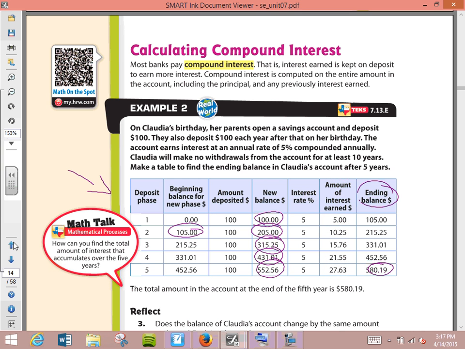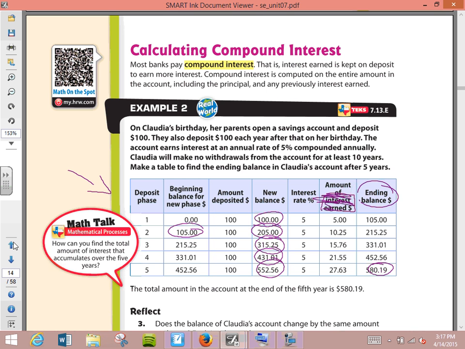How much interest have you earned in the first year? $5, right? Interest earned, right there. That's how much interest you earn in the first year, $5. If I ask you how much money you have earned in 2 years, what would it be?